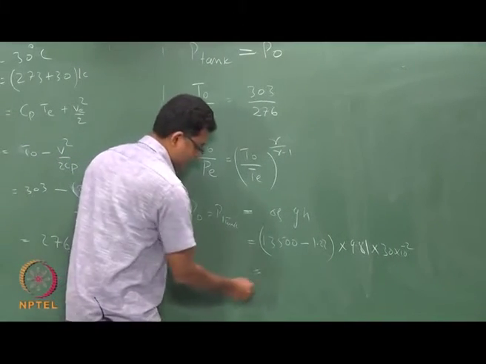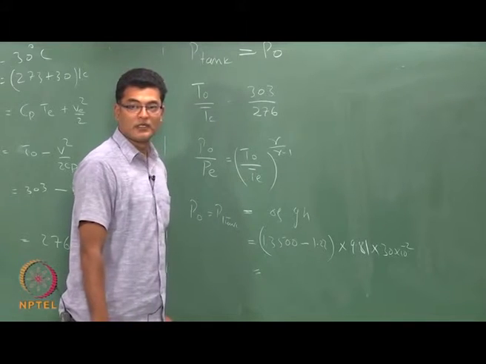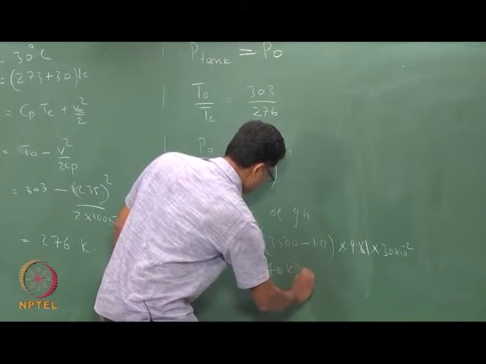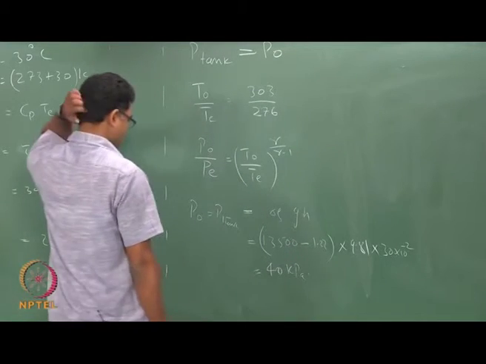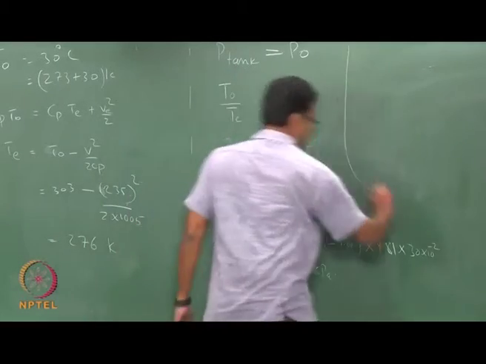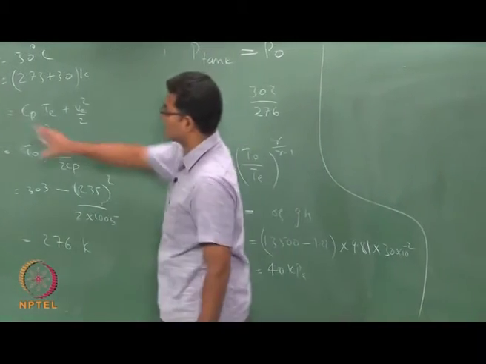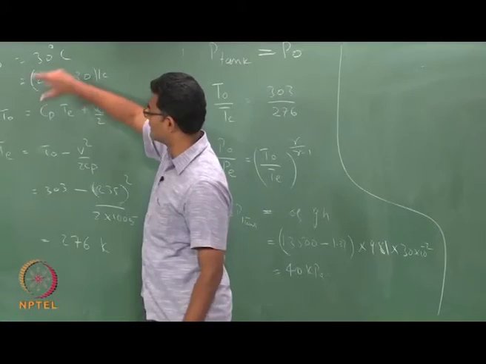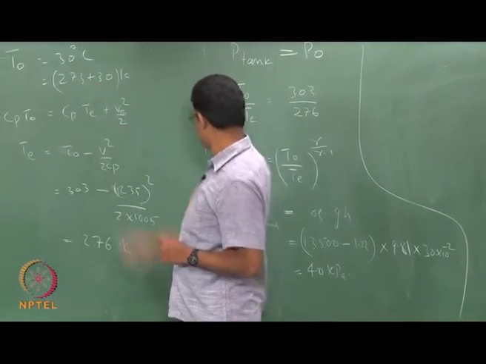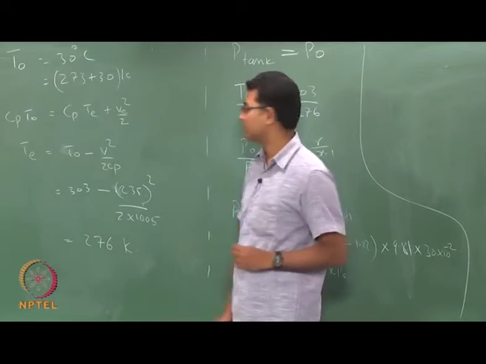So, this is 40 kilopascal. So, the tank contains air at temperature 30 degrees Celsius and 40 kilopascal.